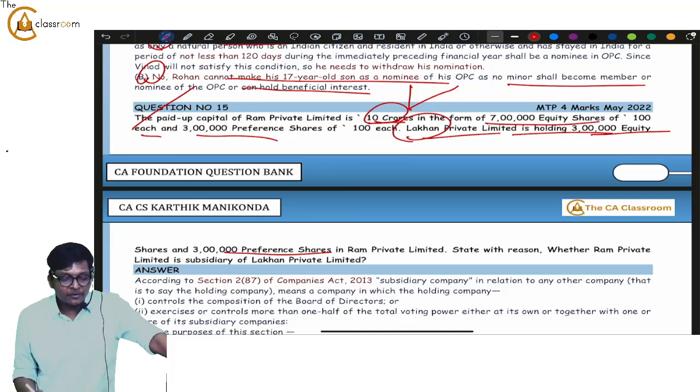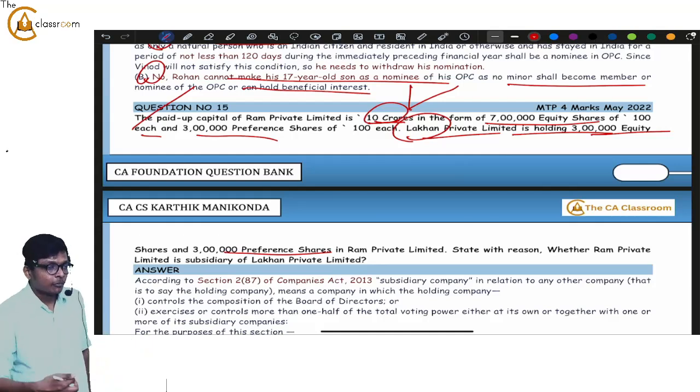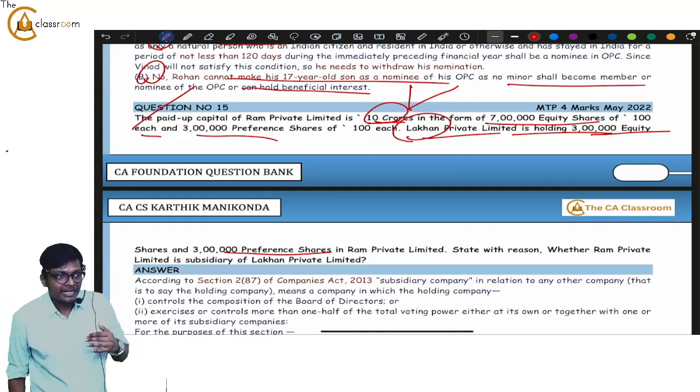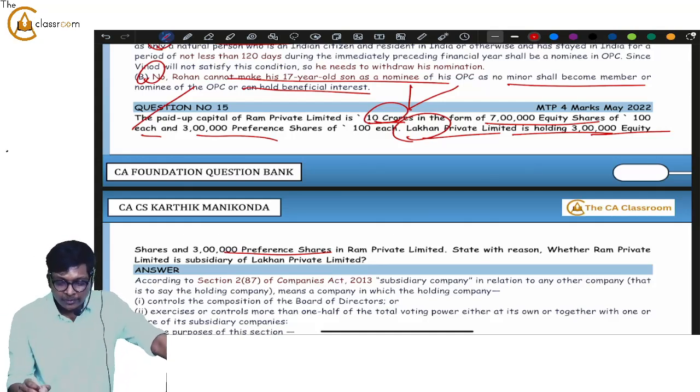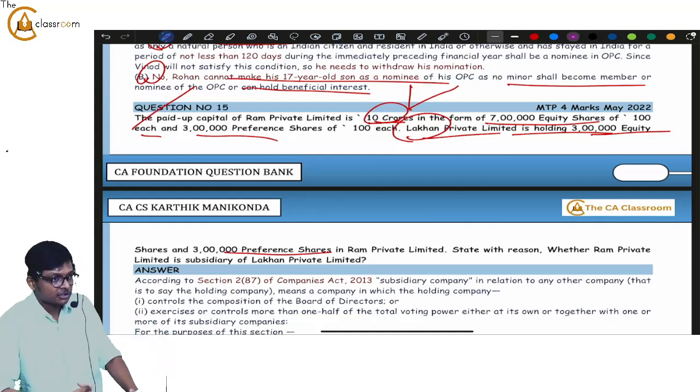Will I consider preference shares? No. You will consider preference shares only if they have voting rights, because the definition is not about more than half of equity shares. It is about having more than half of total voting power that is important. So suppose in the question they tell you preference shares have voting power, don't exclude them, include them in the sum.